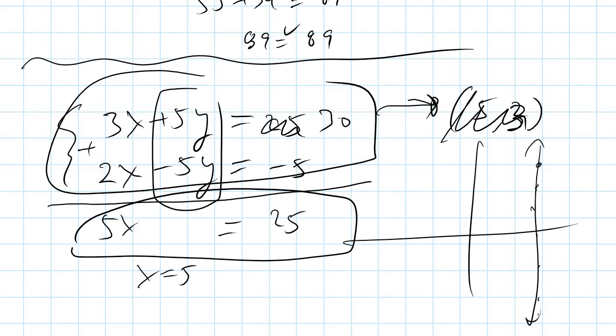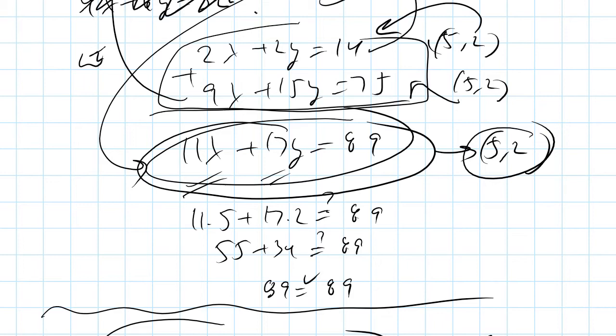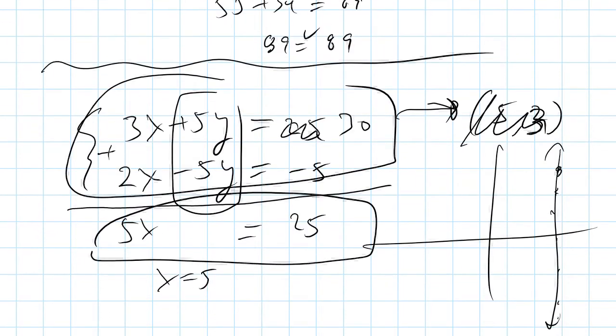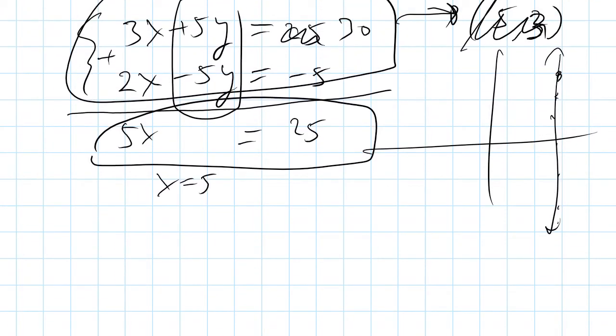So is that helpful? Well, yes, it kind of is, because those points, unlike the slanted line 11x plus 17y equals 89, all have something in common, 5, 3, 5, 2, etc. So we can say that the x-coordinate of the solution is 5.